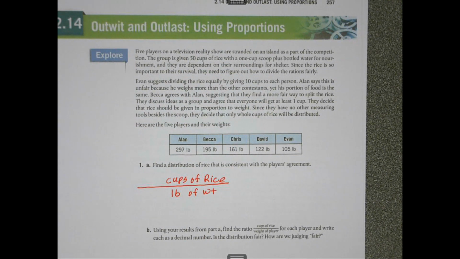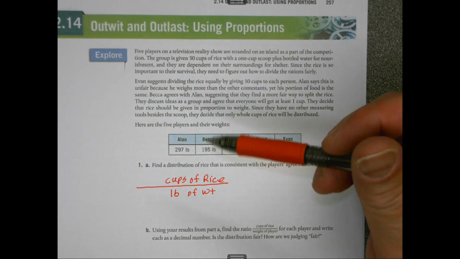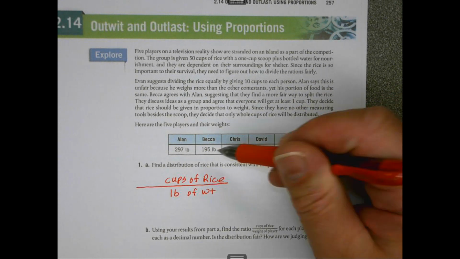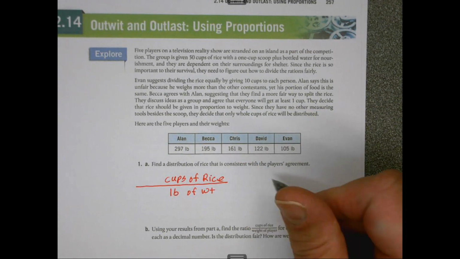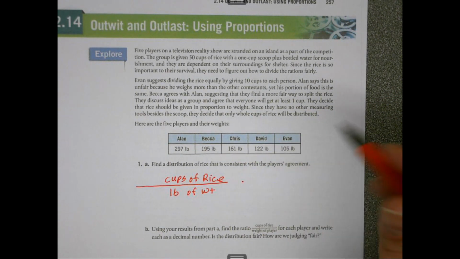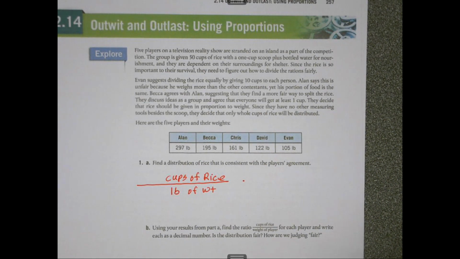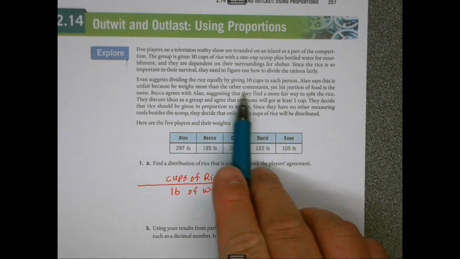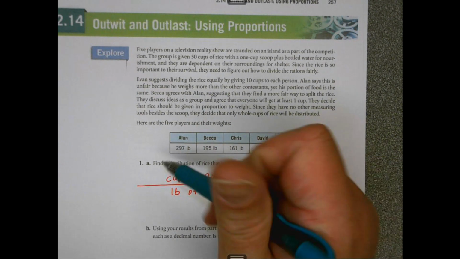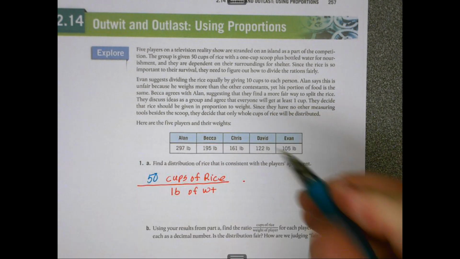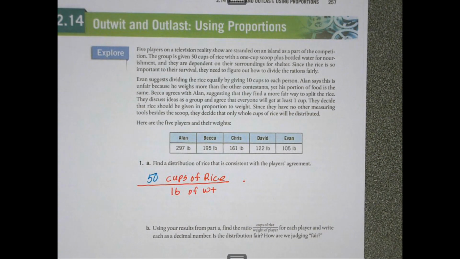So I know I have 50 cups of rice. Let's see, 50, right? Yep, I'm pretty sure it was 50 cups of rice. And the total weight, well, that I would have to add.